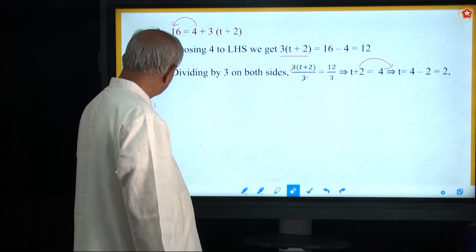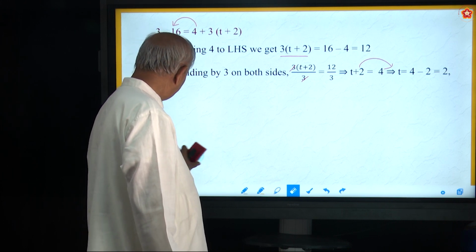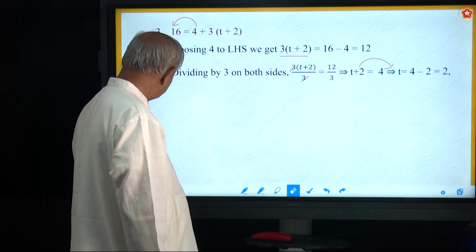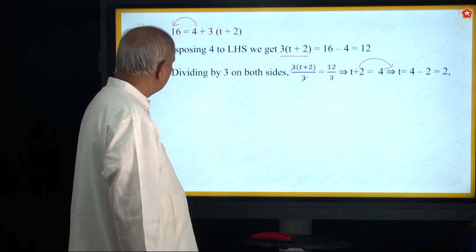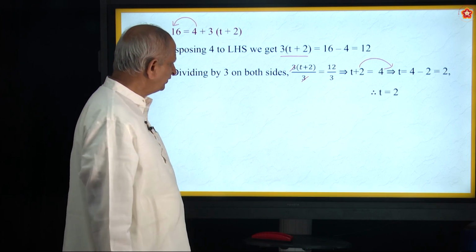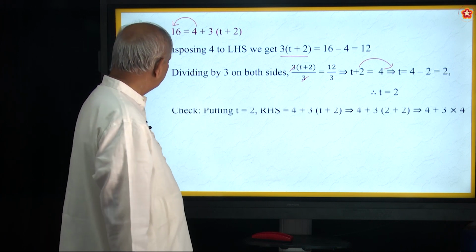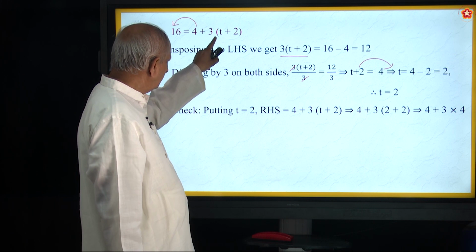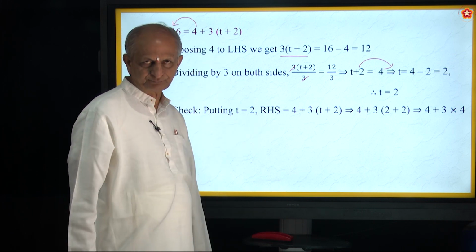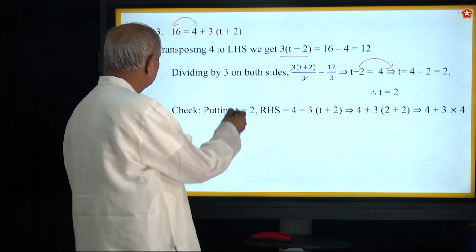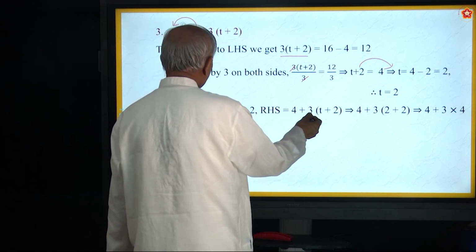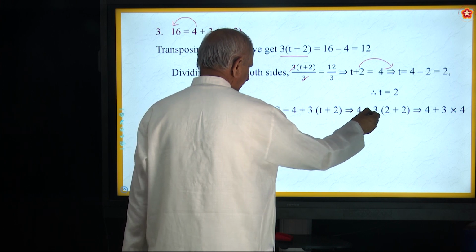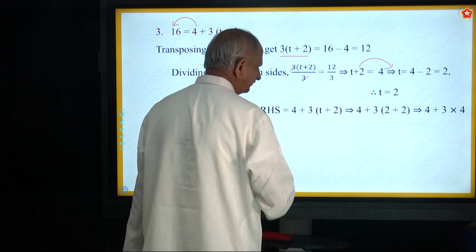How to check? We will verify it by putting in the given equation, correct? So, t is equal to 2 is the answer. Putting t is equal to 2 in the right hand side, what do you get? 4 plus 3 into t plus 2 is equal to 4 plus 3 into 2 plus 2, that is 4.